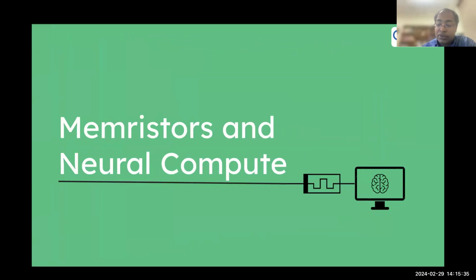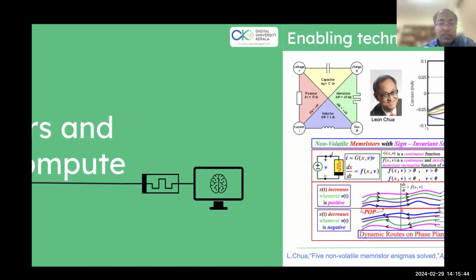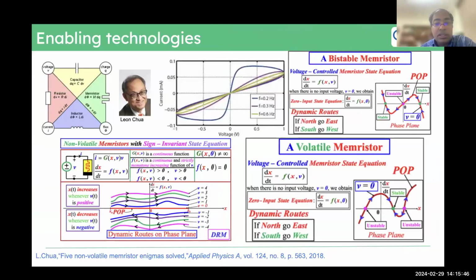All this class of devices, we can call at a higher level memristors. It comes out of the theory proposed by Leon Chua in the late 60s and early 70s of a two-terminal device which could relate flux linkage with charge.